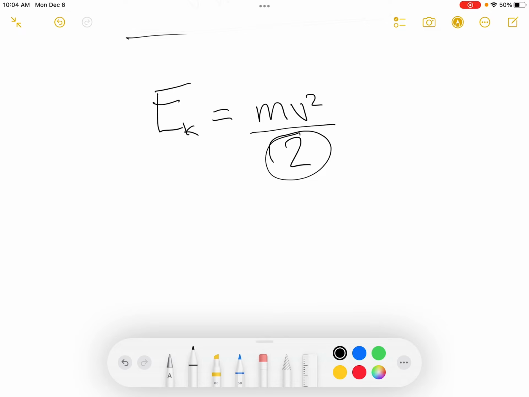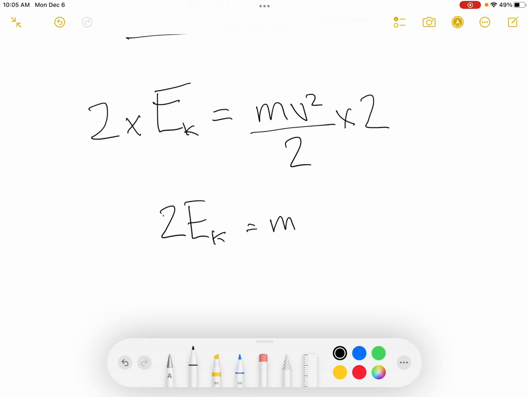So that suggests that if we multiply both sides of this equation by 2, we have 2ek is equal to 2mv squared divided by 2. So we've got a 2 on the top, we've got a 2 on the bottom. 2 divided by 2 is 1. So now we have 2ek is equal to 1mv squared. 1mv squared is the same as mv squared.